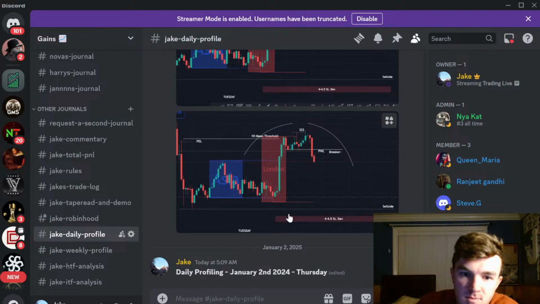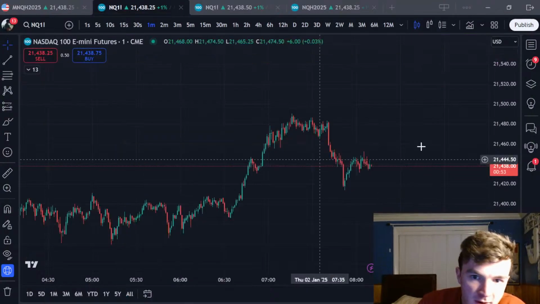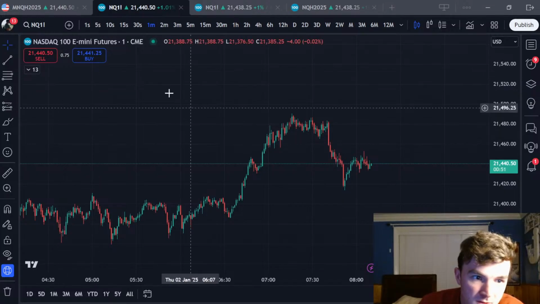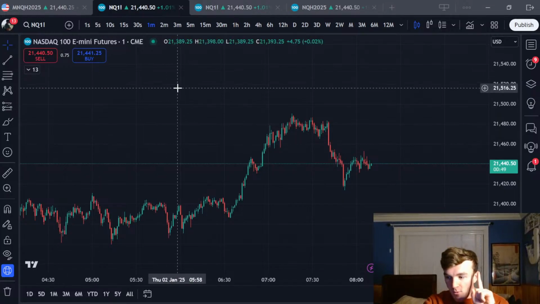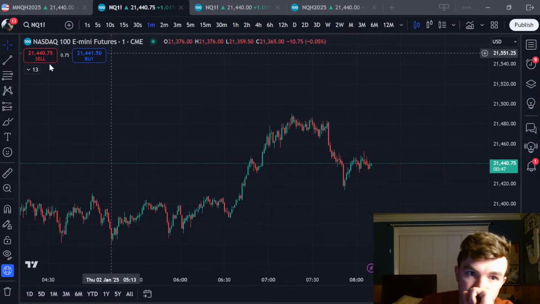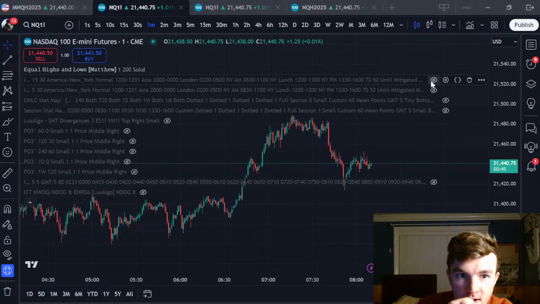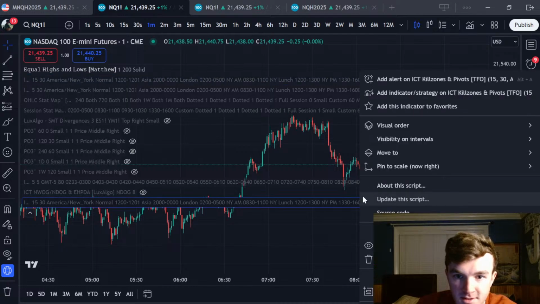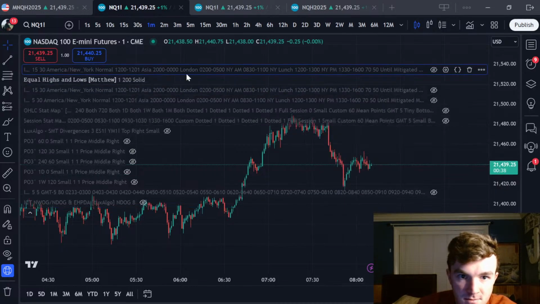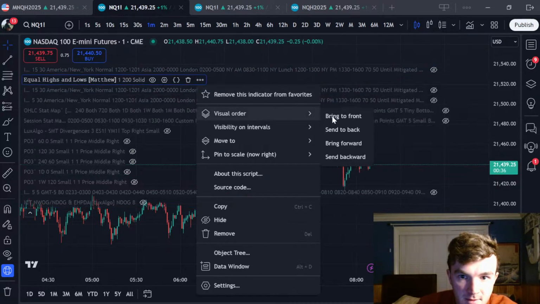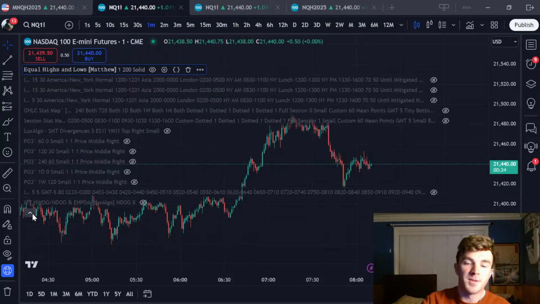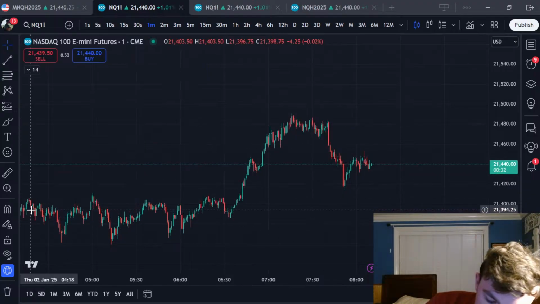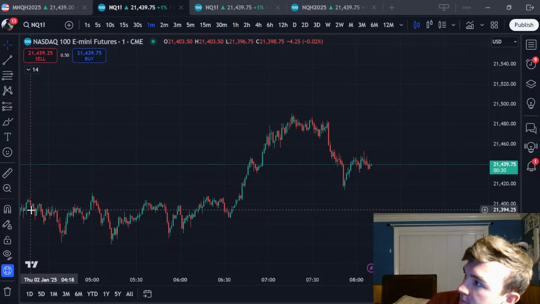So, we're going to be daily profiling right now. Step 1 is, did London use a key level? Right? Did London use a key level? Also, I have a new rule where I can't take trades for like the first hour.